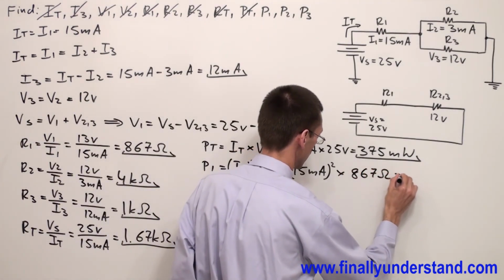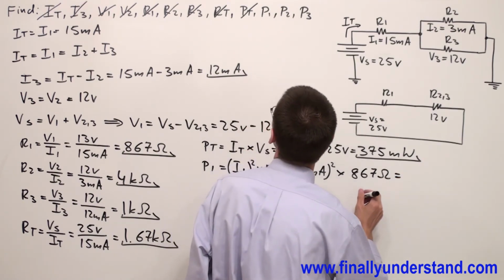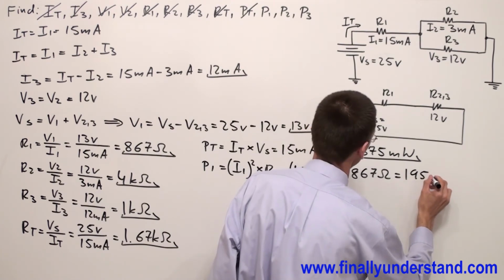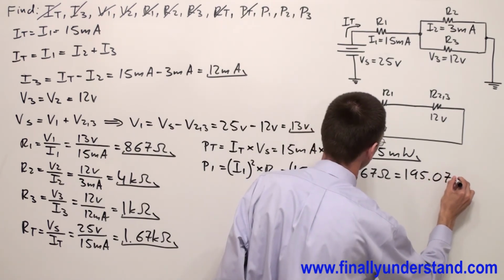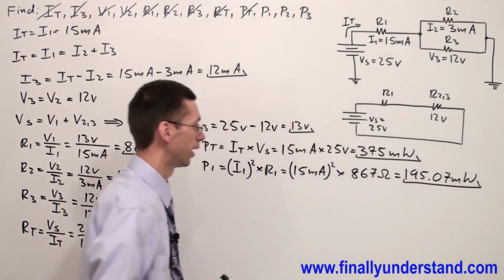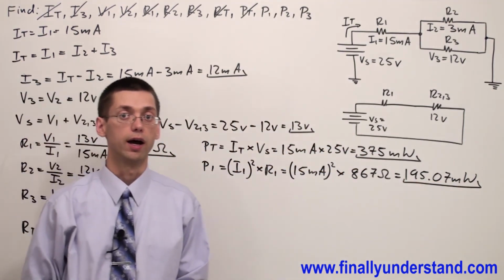Everything is equal 195.07 milliwatts. Okay, so this is the power at resistor R1.